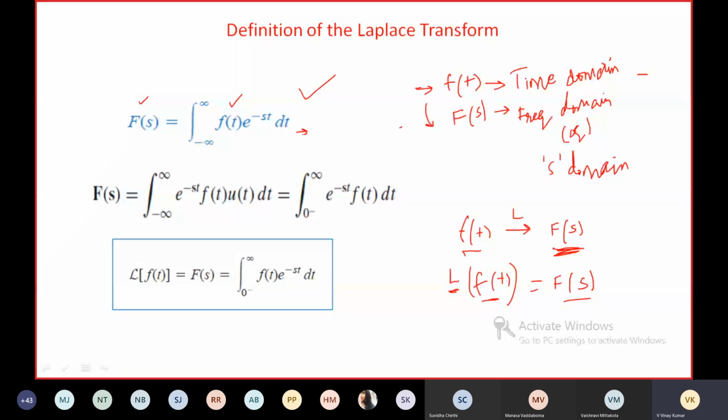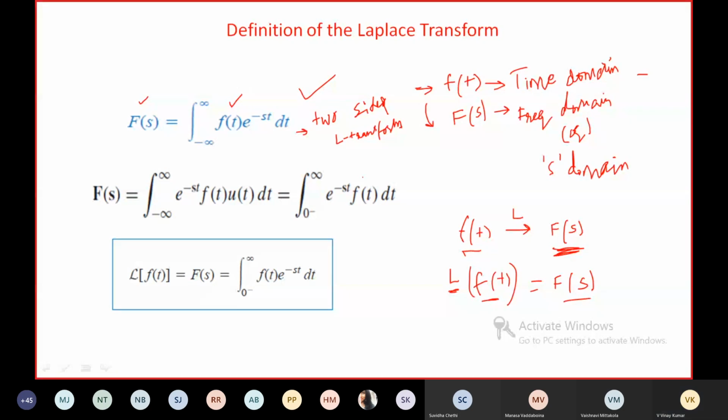This is the two-sided Laplace transform, defined from minus infinity to infinity.